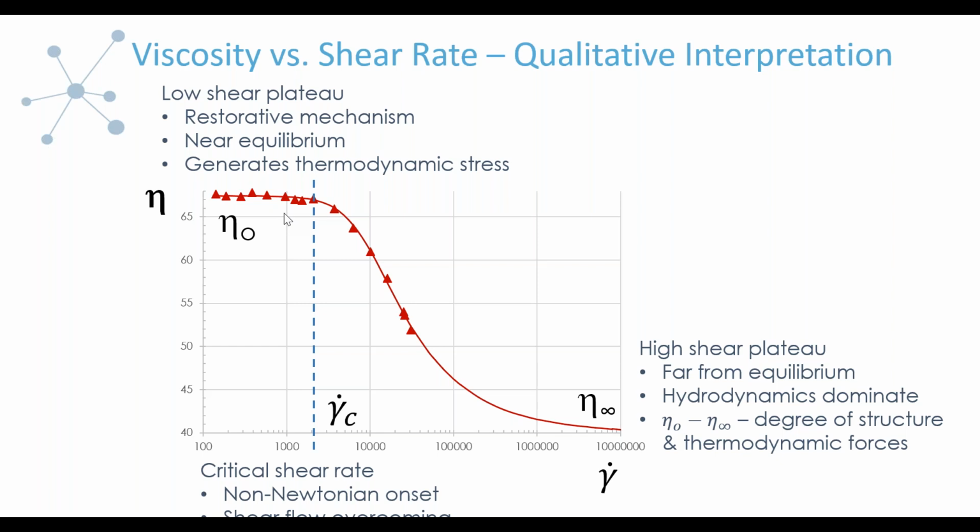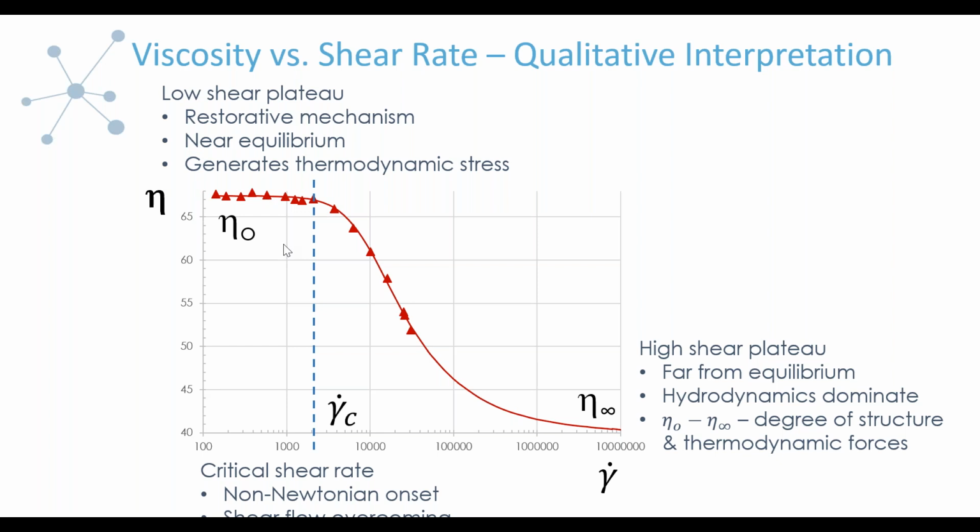Because we have an externally applied flow field, it will be slightly perturbed or deviated from equilibrium, but it's going to be very close to the equilibrium state in the Newtonian plateau region due to this ability on the microscopic level to resist deformation due to flow. And this restorative mechanism is going to generate a thermodynamic stress that contributes to the viscosity, making the viscosity higher in this low shear plateau region.